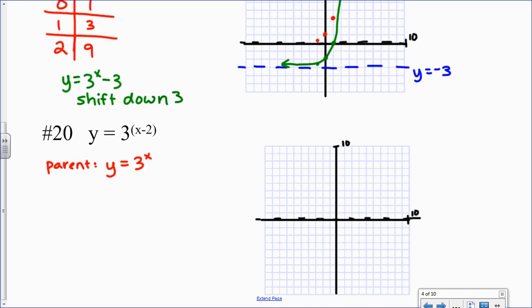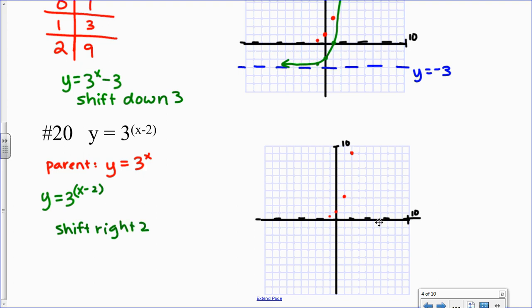Negative 1, 1/3, 0, 1, 1, 3, and 2, 9. Okay. All right, so what does this minus 2 on the inside do? Right. Good. Shift right 2.